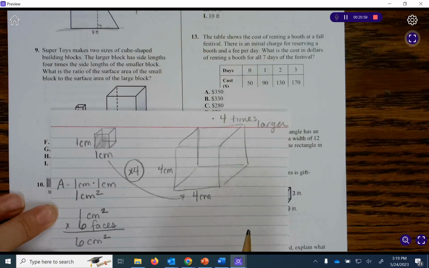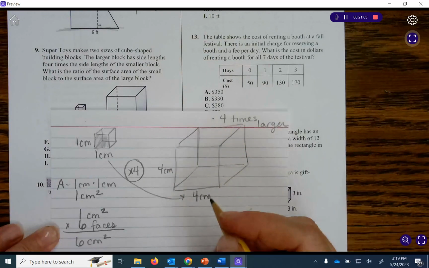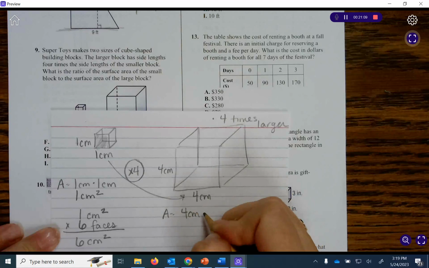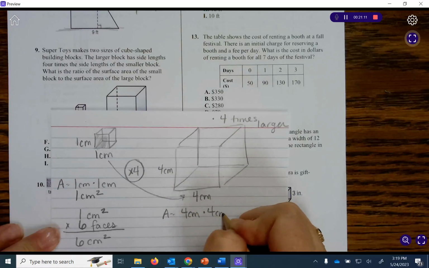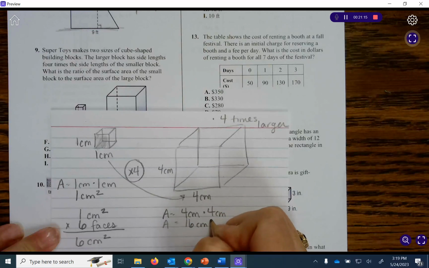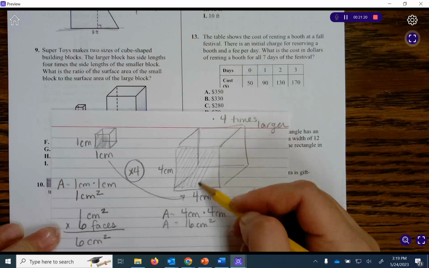That's the area. Now the area for the larger cube would be 4 centimeters times 4 centimeters. So the area will equal 16 centimeters squared. So that's for the front side, or the front face.